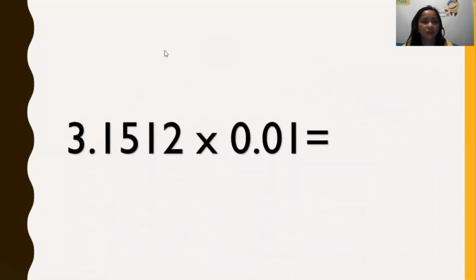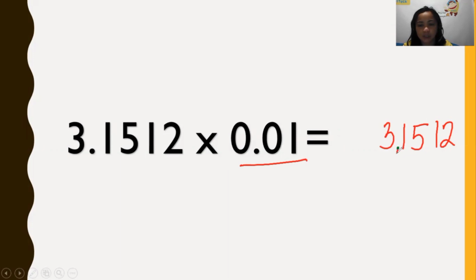Now, let's have another example. We have 3 and 1,512 times 100ths. So, gayahin ko yung digit. 3, 1, 5, 12. Originally, nandito yung decimal point niya. Pero, i-multiply natin siya sa 100ths. We move 2 places. 1, 2. Nandito na siya.